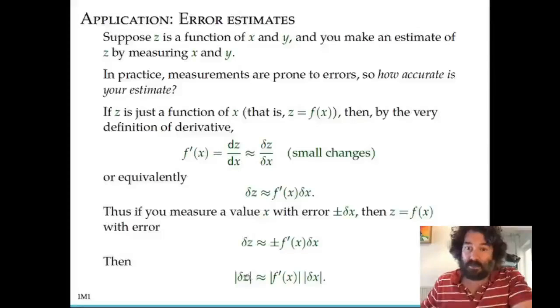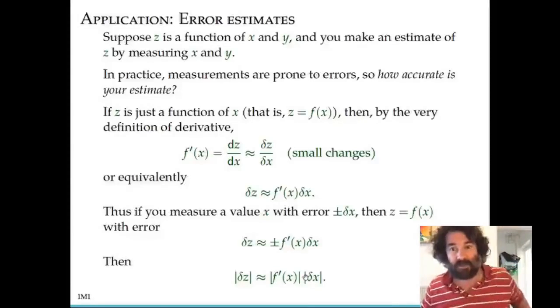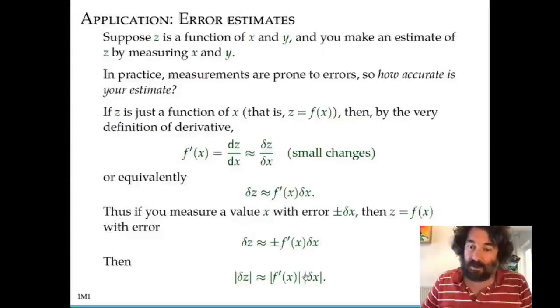The modulus of delta z, the error in z, is approximately the derivative of z with respect to x times the error in x. So this is the formula that we would use to estimate the size of the error if z was calculated based on one measurement.